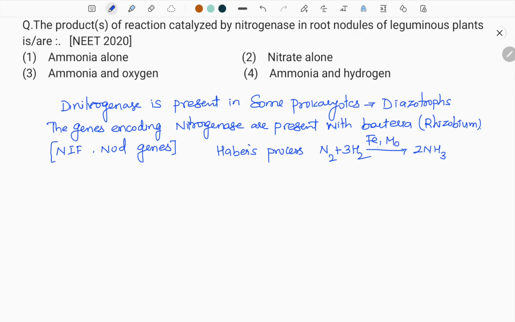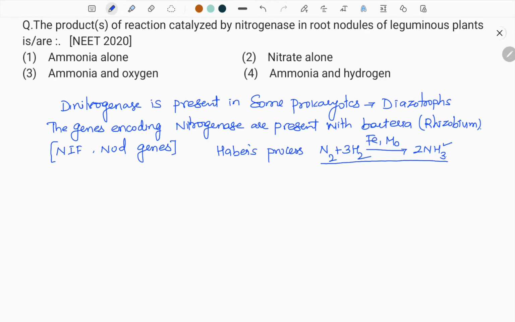There is no extra hydrogen used in the reactants. Exactly 3 hydrogen molecules are utilized to form 2 ammonia molecules. So this is a completely balanced reaction. Biological nitrogen fixation that takes place in diazotrophs is the copy of the Haber's process.